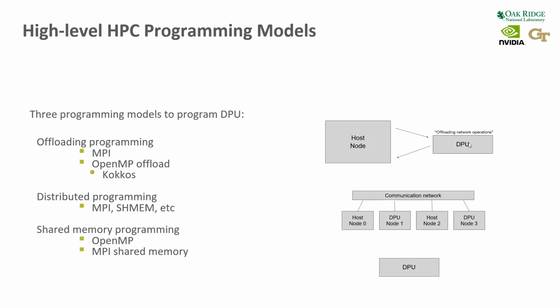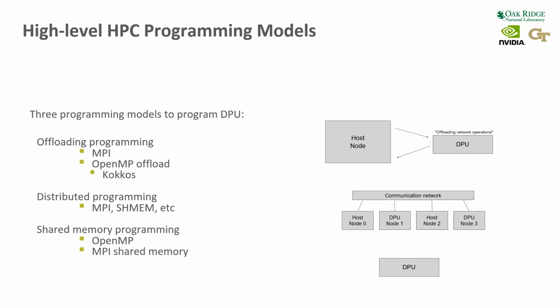Or it could also be used for achieving a little bit of an overlap, where you offload the communication, an operation to the DPU, and the DPU will compute something, and the host can continue executing something.